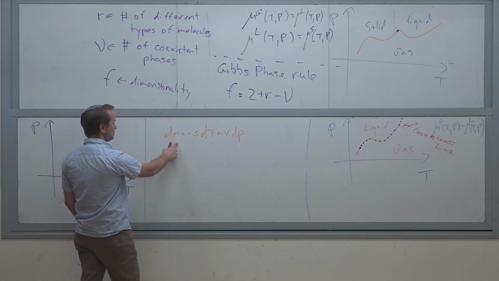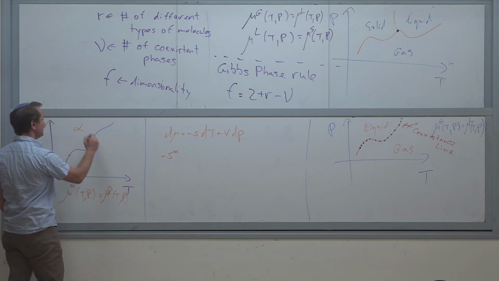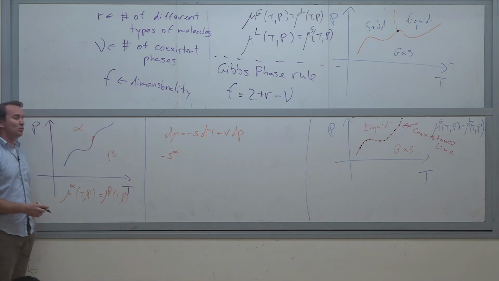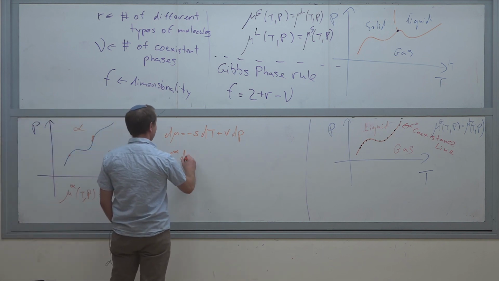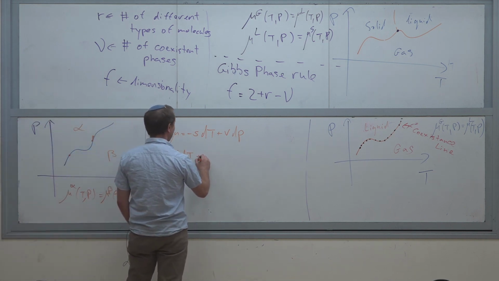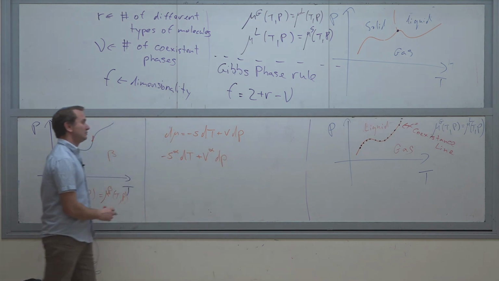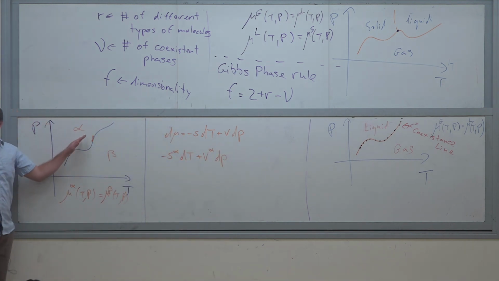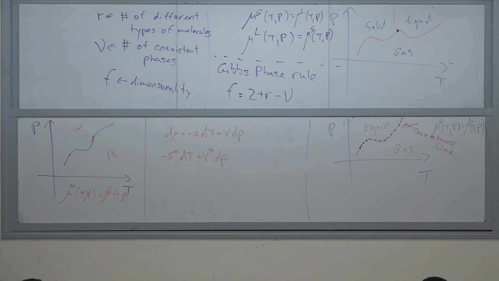The chemical potential is changing as minus S alpha dT plus V alpha dP if we're on the alpha phase, and it equals whatever happens on the beta phase.